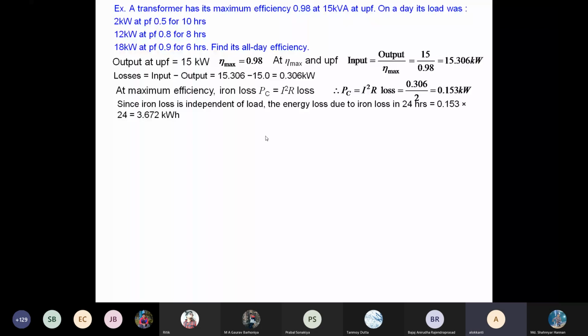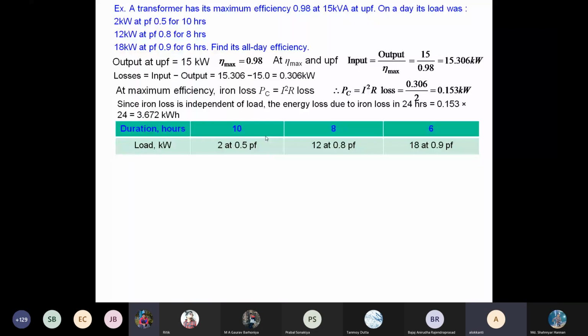Your hourly consumptions are given, so from that you will get the total energy consumption for 24 hours. For 10 hours it is 2 kilowatt at power factor 0.5, and for 8 hours it is 12 kilowatt at power factor 0.8.